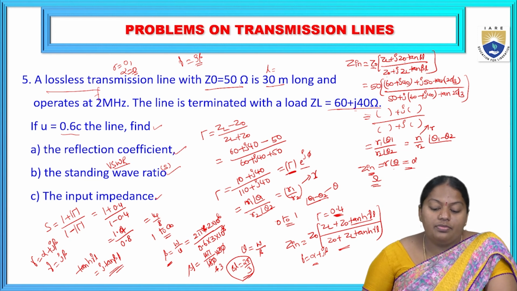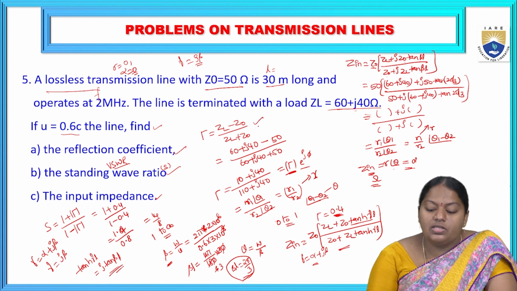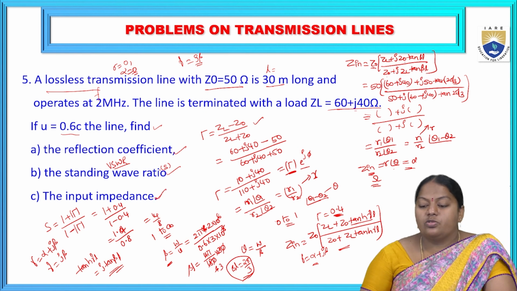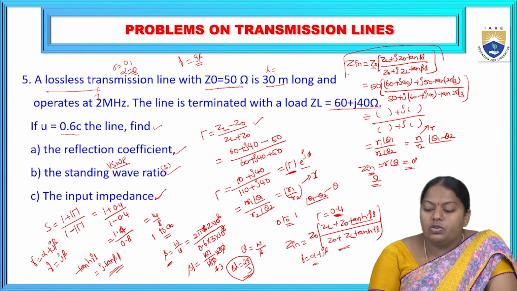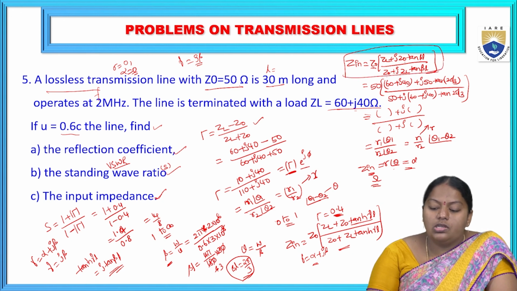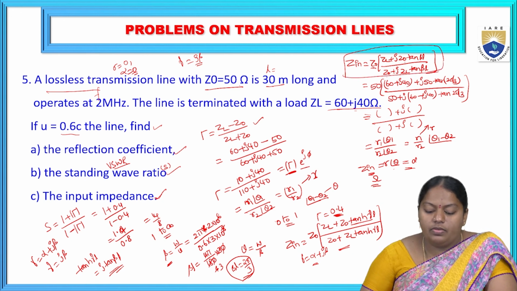So this is the way we have evaluated some of the parameters associated with transmission lines: the reflection coefficient using the formula gamma equal to ZL minus Z0 by ZL plus Z0, the standing wave ratio, represented by S, as 1 plus gamma by 1 minus gamma, and the input impedance of a lossless transmission line as given. Right? So using all the parameters given, we'll solve.